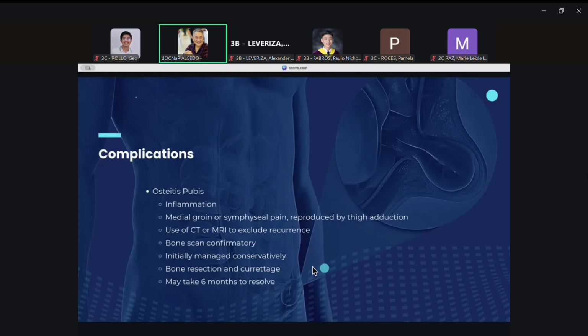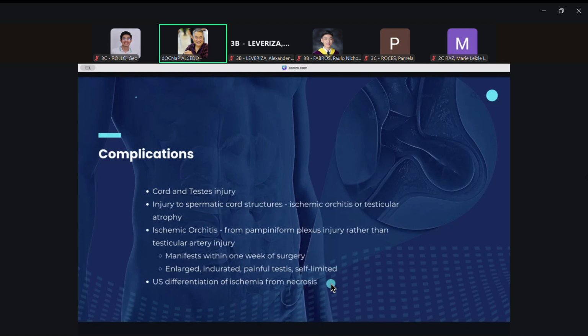Okay, so it can be managed essentially conservatively, but if it is persistent and refractory to medical or conservative management, then bone resection with cochlear rods can be performed. Now, of course, during the repair, you can devascularize your testicles or your cord, and you can injure them.